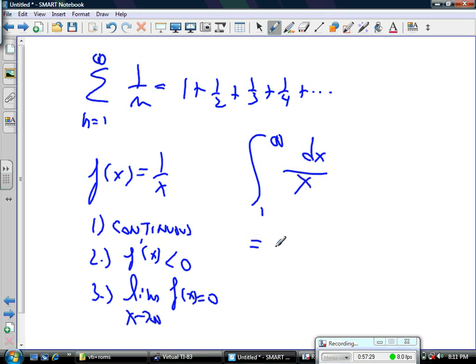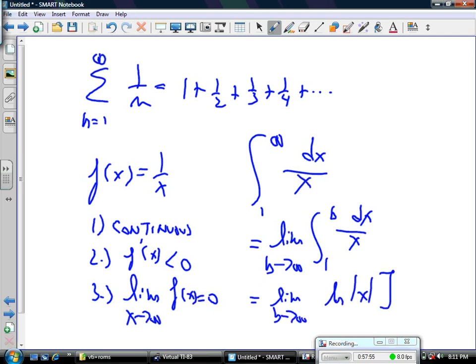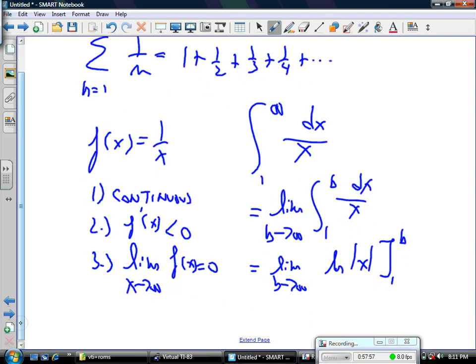B. So you rewrite it as a limit, as b goes to infinity, the integral from 1 to b of 1 over x dx. Now, do you know how to anti-differentiate 1 over x dx? ln. So you're going to write the limit as b goes to infinity of ln absolute x evaluated from 1 to b.